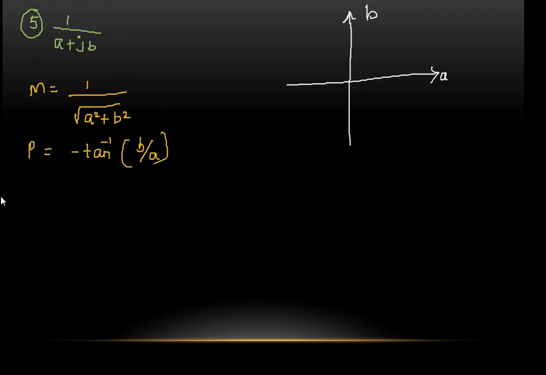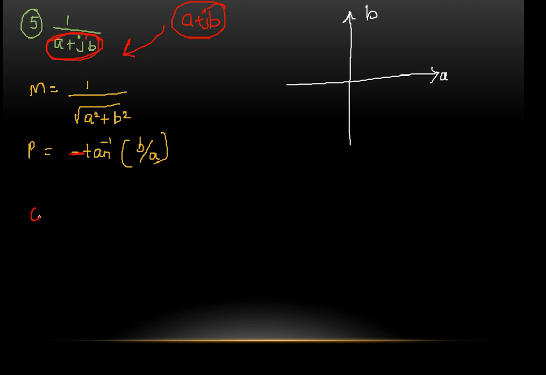For example, if you have one more complex function, 1 by a plus jb, with the same complex function in the denominator instead of the numerator, the magnitude is 1 by the square root of a square plus b square, and the phase is, since the complex function is in the denominator, I am taking the negative sign, minus tan inverse of b by a.